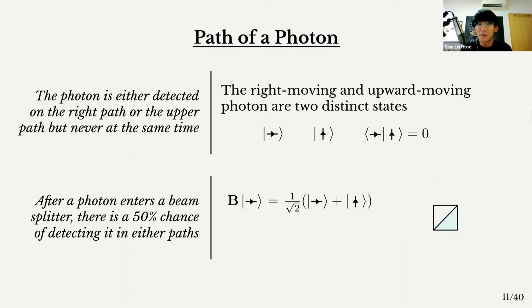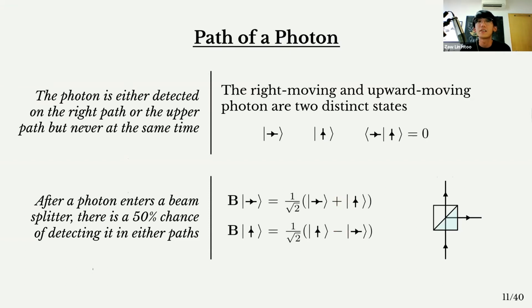And it's the same thing if you apply it to an upward moving photon that goes into a beam splitter. It will be some equal superposition of an upward moving photon and a right moving photon. Do take note that the signs are different if you put in an upward moving photon versus a right moving photon. I think there's an exercise in the notes that asks you to find out why that's the case. But basically, it has something to do with making sure that the operator is unitary.